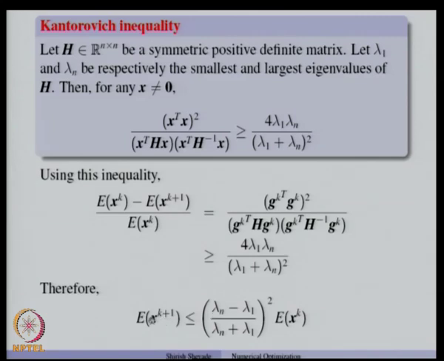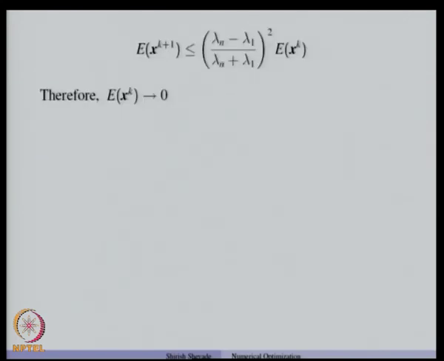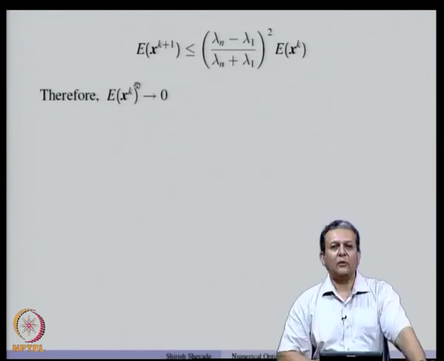So, you will see that E of x k plus 1 is less than or equal to this fraction square into E of x k. So, that means that E of x k is a decreasing sequence. E of x k plus 1 is less than E of x k. So, therefore, we have a decreasing sequence and E of x k is a quantity which is bounded below by 0.